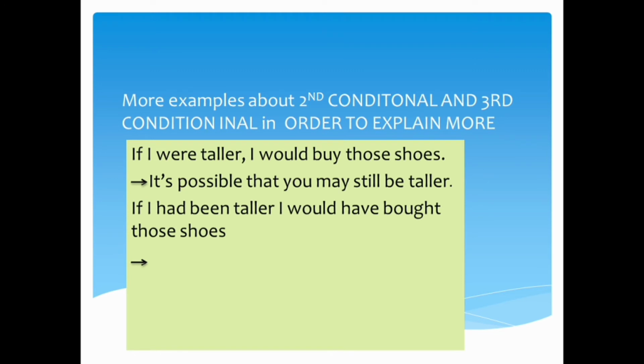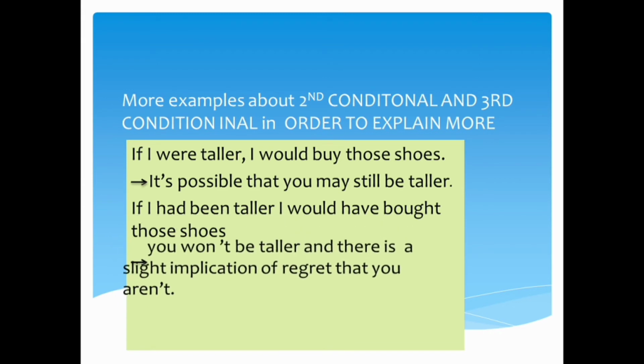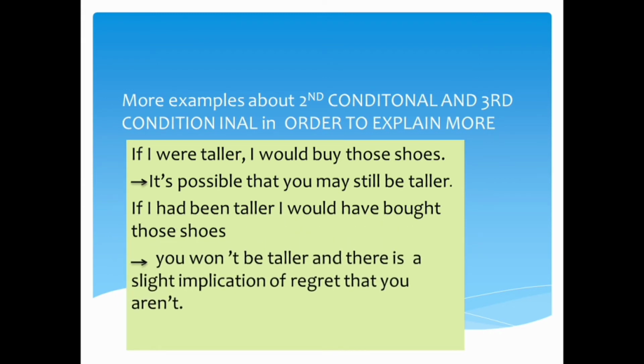If I had been taller, I would have bought those shoes. The same example in second conditional and third conditional, but the difference is that in the second conditional it's possible that you may still be taller, but in the third conditional you won't be taller and there is a slight implication of regret that you aren't.